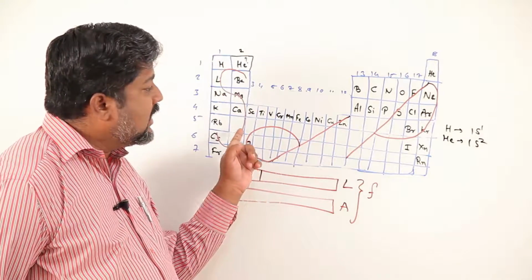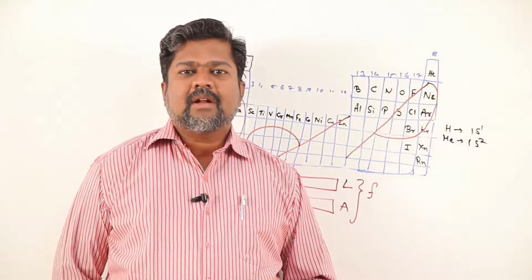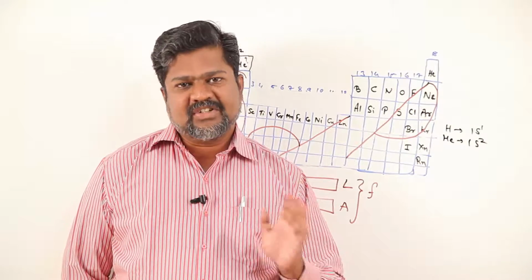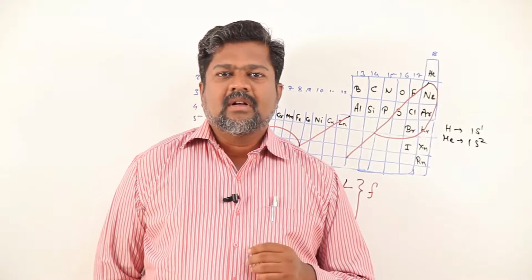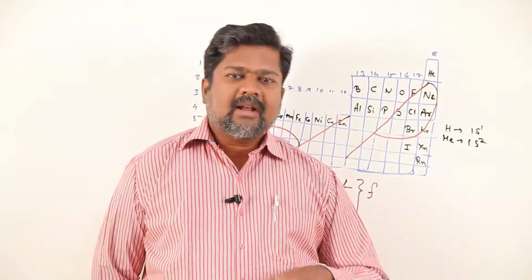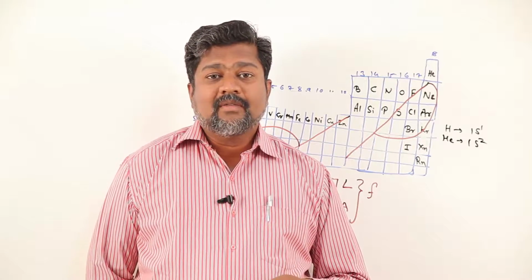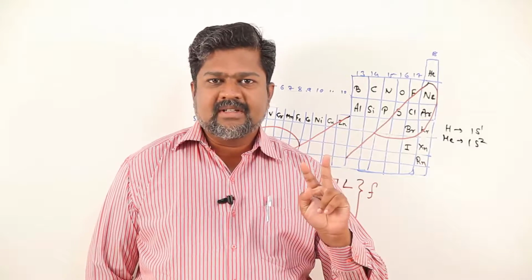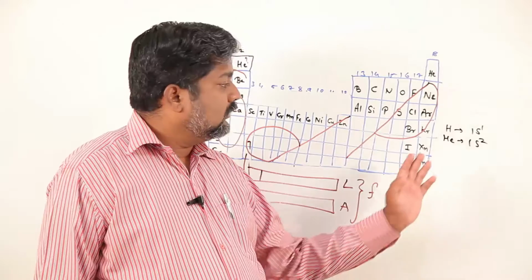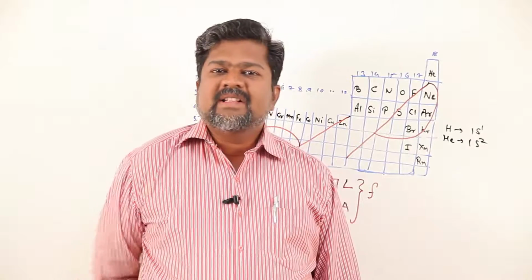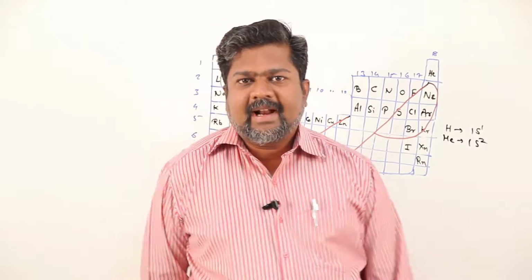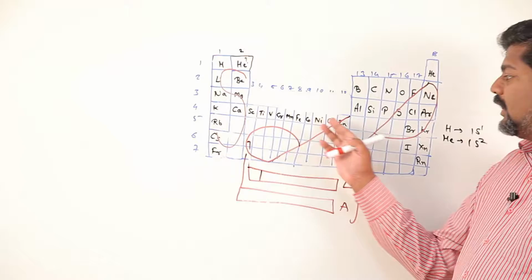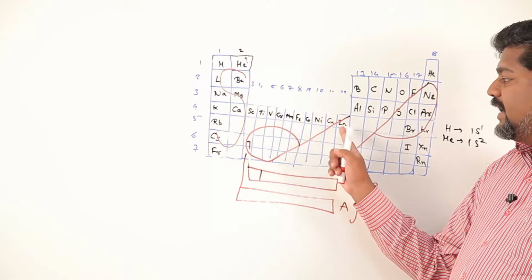Electrons are added in the 3d shell. We are calling that the second last shell, or in high class language, we are calling it the penultimate shell. Ultimate is last, penultimate is second last. So electrons are added in the second last shell. This is the characteristic of all these elements, that is from scandium to zinc.